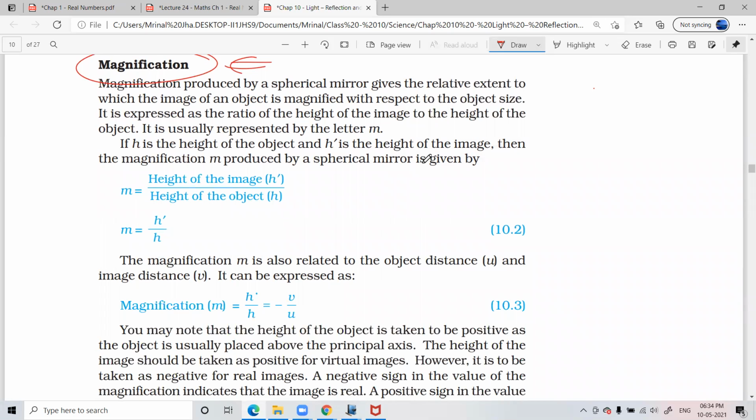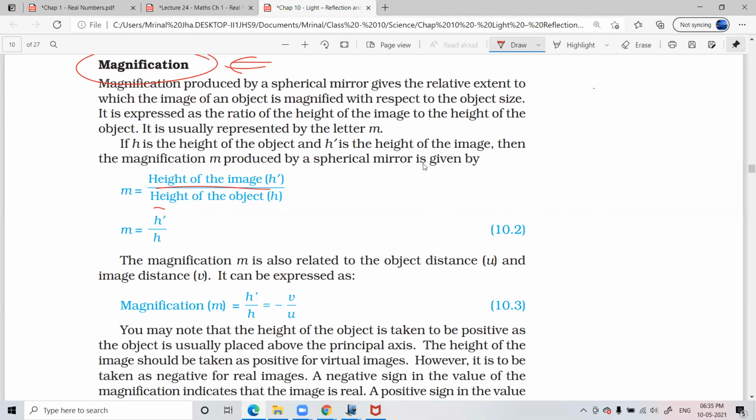Magnification is basically the ratio of the height of the image to the height of the object. That is what magnification M is. The height of the image you normally represent by h dash or h prime.